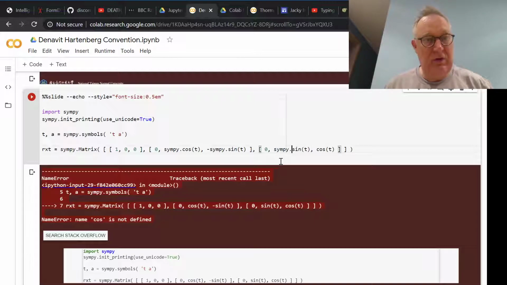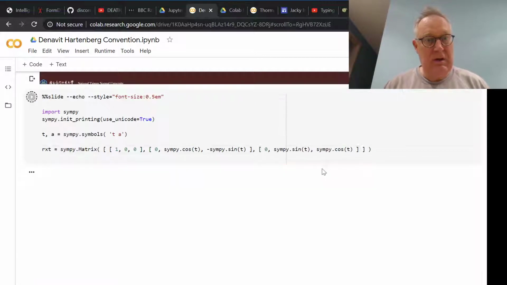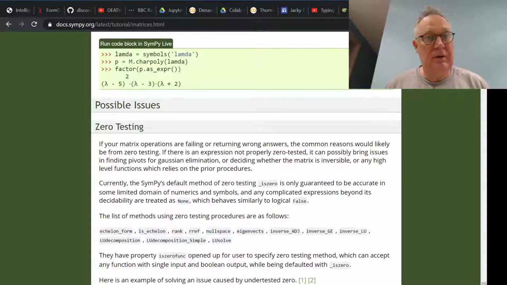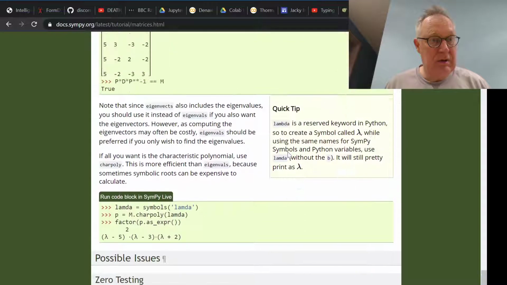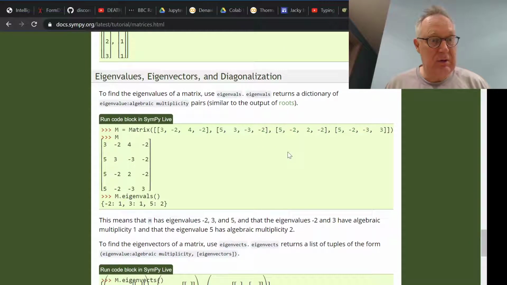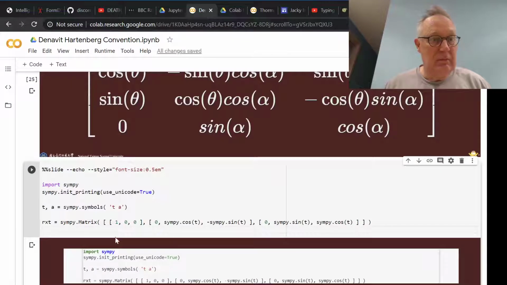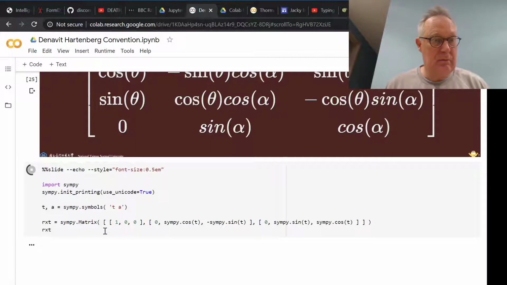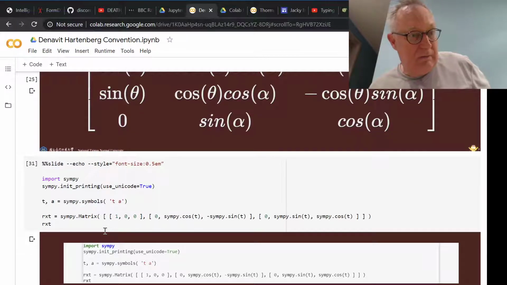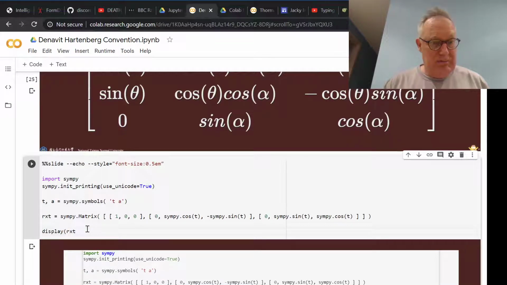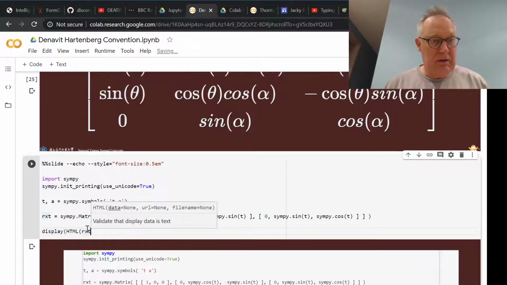And I just leave the namespace out because otherwise I'm going to get confused if I use math cosine or SymPy cosine. So where do I print the matrix? Display HTML RXT.